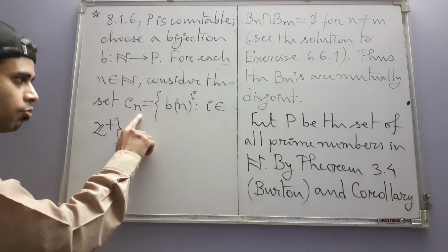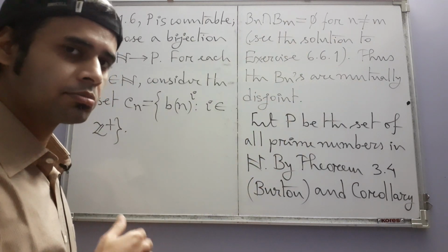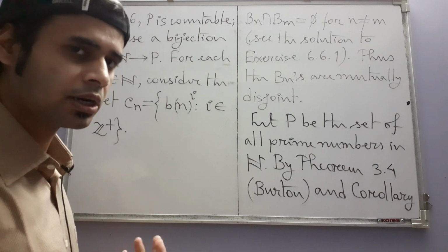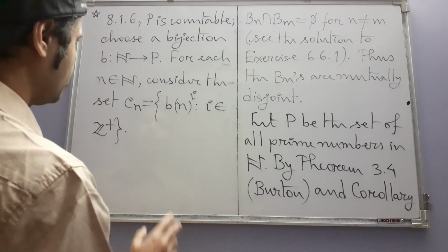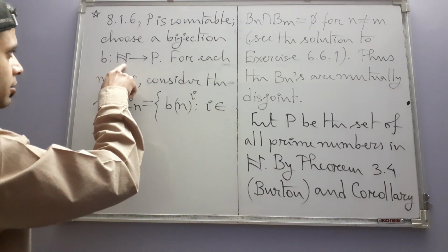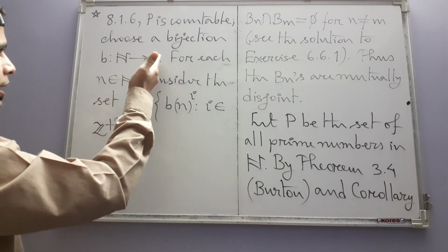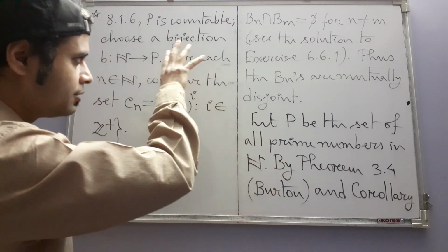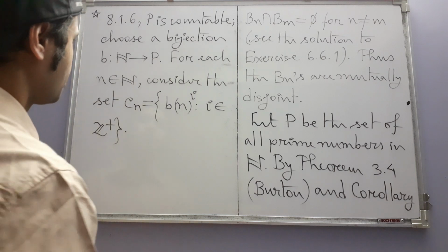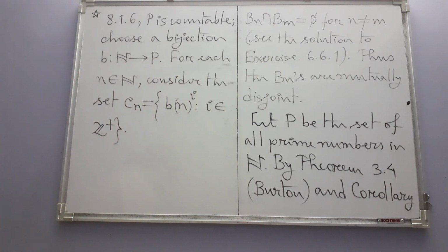Similarly, C1 would be the positive integral powers of 3, then the positive integral powers of 5, 7, 11, 13 and so on. It does not really matter, if you want, you can take the natural order in which the primes appear, but I wanted everything to be rigorous. Anyway, so now we have these sets Cn.